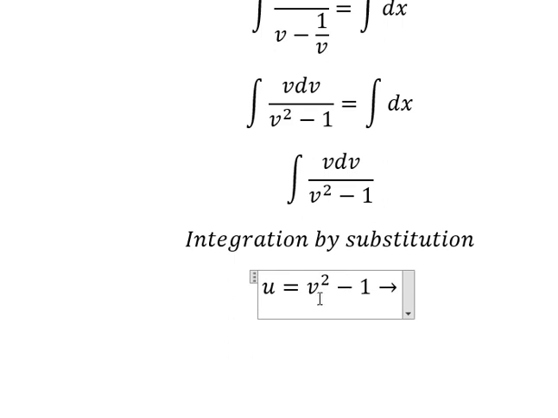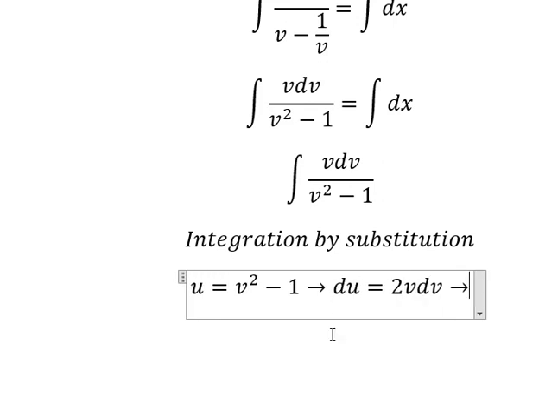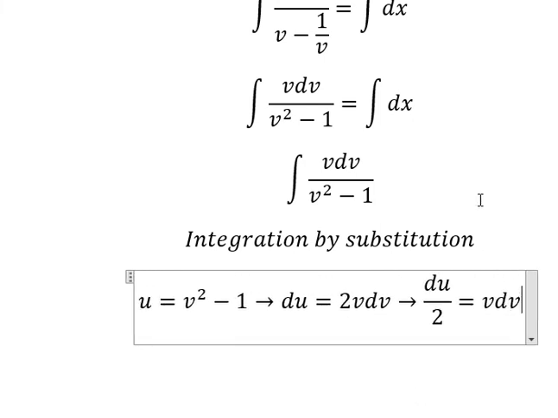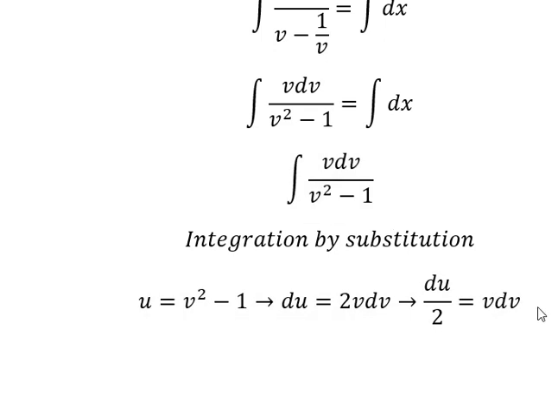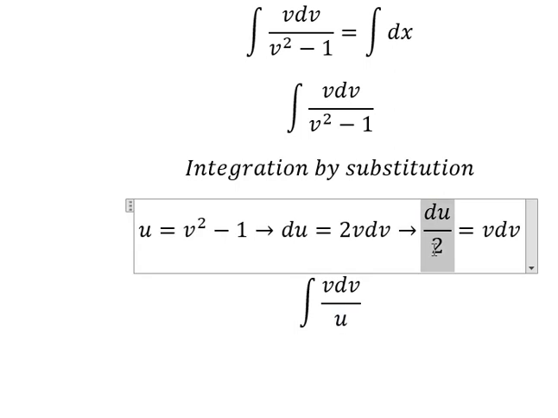Later, we need to do first the derivative for both sides, and we have 2v dv. Because we don't have number 2 in here, we divide both sides by number 2. So this one we change by u. V dv we change by this one.